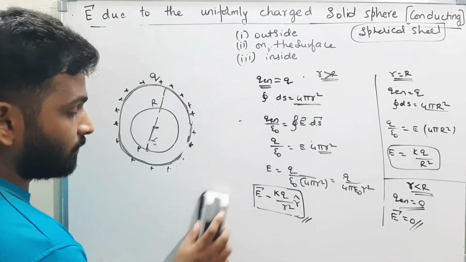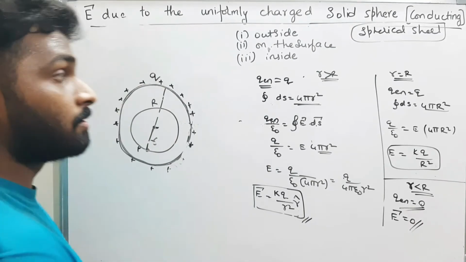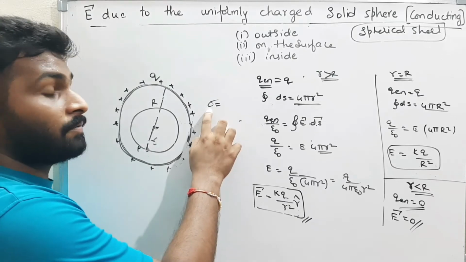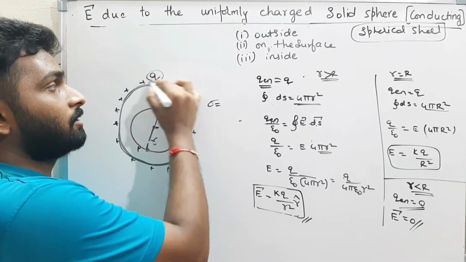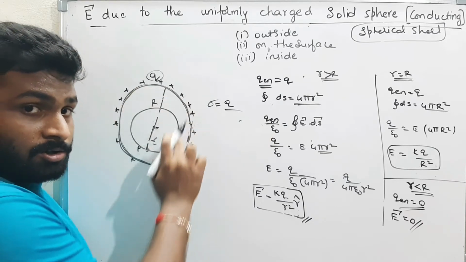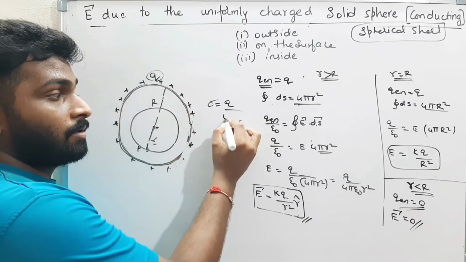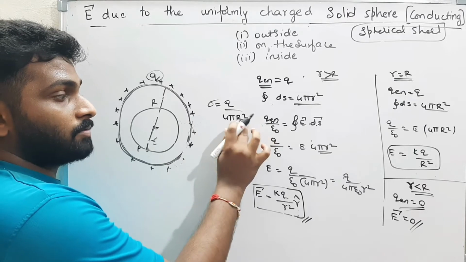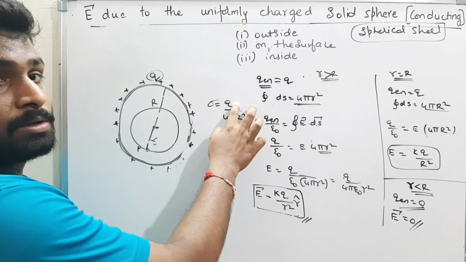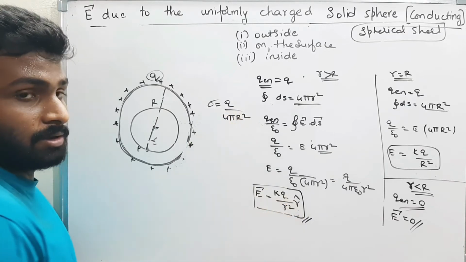Answers will be in the form of sigma. What is sigma? Sigma is the surface charge density, that is charge Q divided by area. What is the area of this solid sphere? The surface area is 4 pi capital R square. Therefore, instead of this charge Q, they will sometimes write sigma in this equation. Therefore, what is the electric field here?